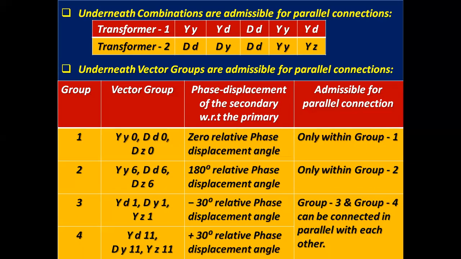Number 4, star delta 11, delta star 11, star zigzag 11. Phase displacement plus 30-degree relative phase displacement angle. These group 3 and 4 can be connected in parallel with each other.